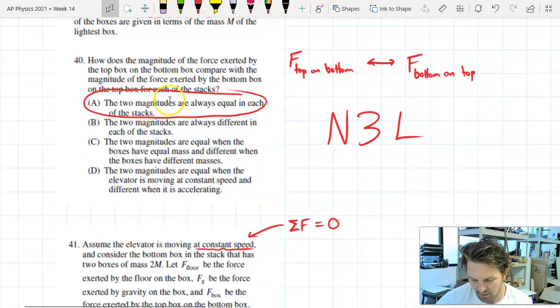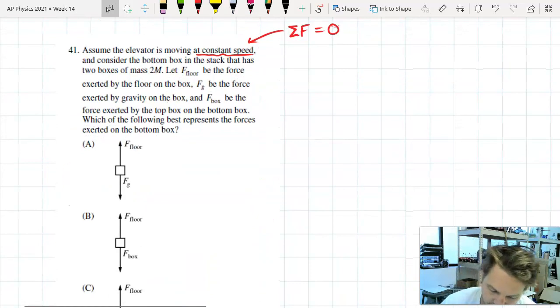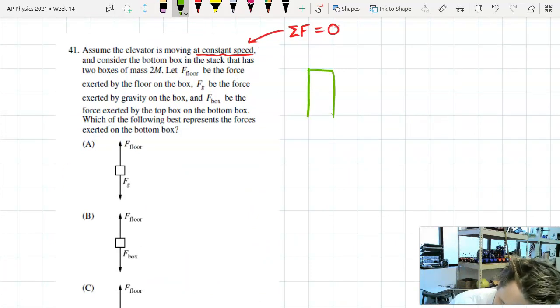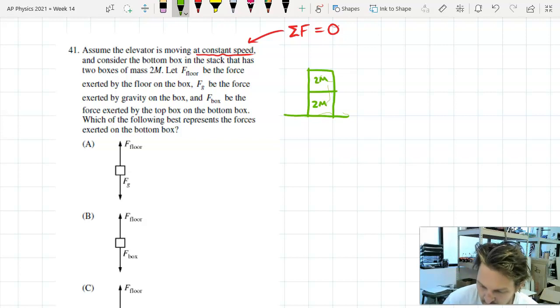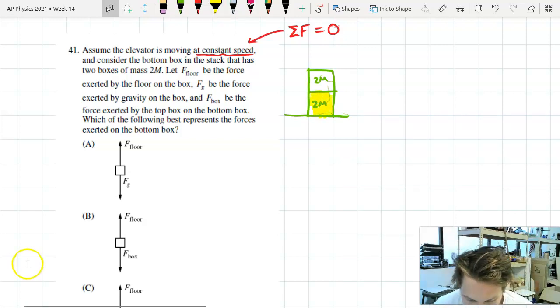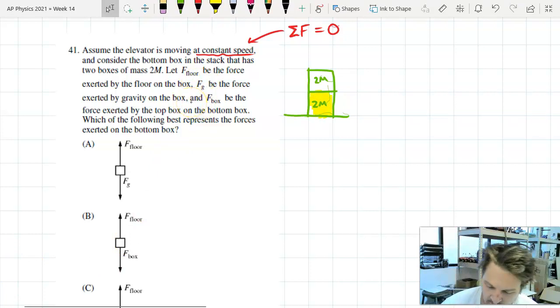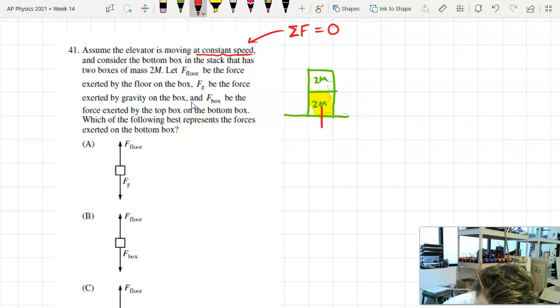Okay, so the bottom box, let's see, it looks like that. Okay, and we're being asked about this one. What would be the forces acting on it? Well, take a look here. We got the force of gravity pulling it down.